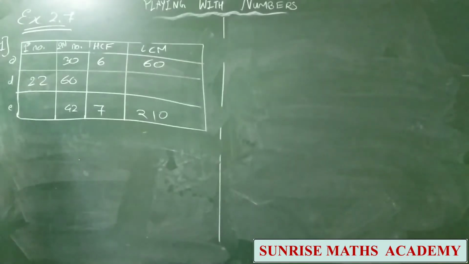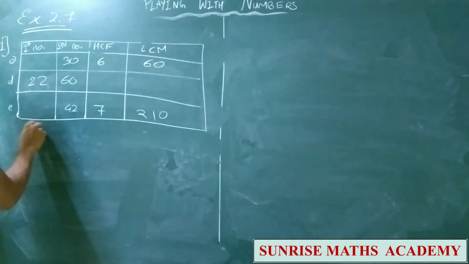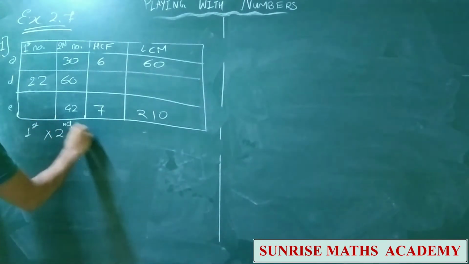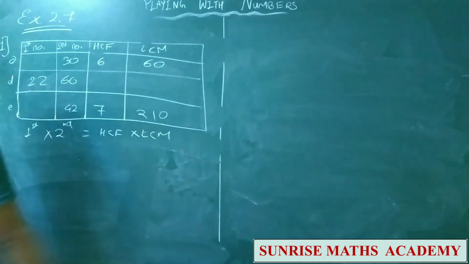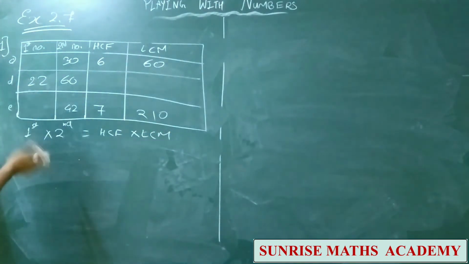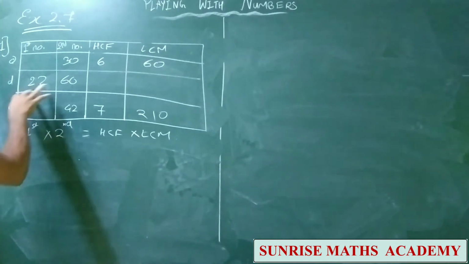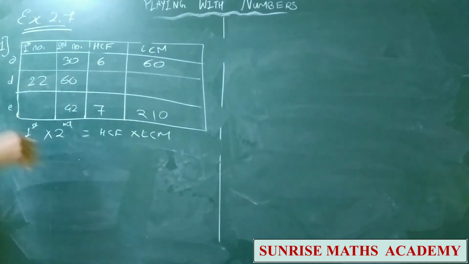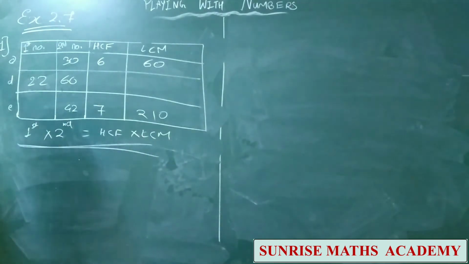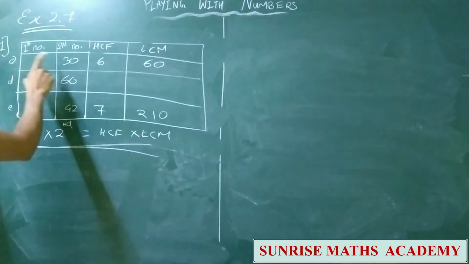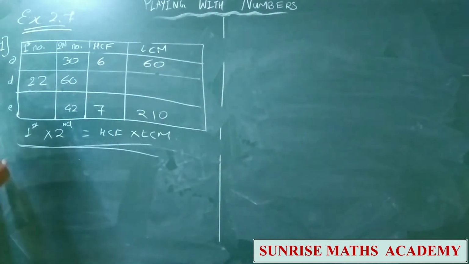In this table, we have to use the concept that first number into second number equals HCF into LCM. If one of these numbers is not given, we can use this, or if both the numbers are given, we have to find the HCF and then we have to find the LCM. So this is the formula that we are going to use. Here, first number is not given, second number, HCF and LCM is given.